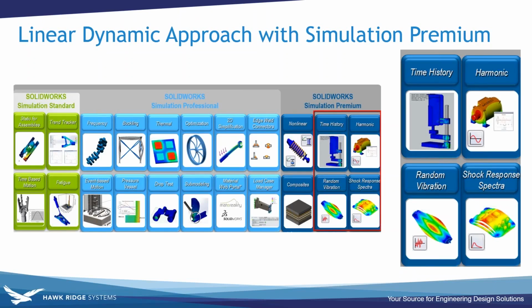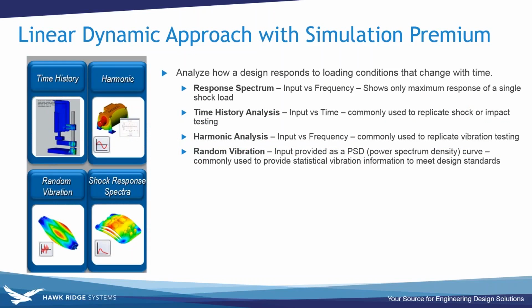So it filters down to these 4 products as far as the dynamic problems, and it's a way to see how the model responds to loading conditions that change with time. If we want to account for a seismic loading, some sort of earthquake, we can run a response spectrum analysis where the input is some acceleration, some velocity as a function of frequency, and the result is a single response due to that shock load.